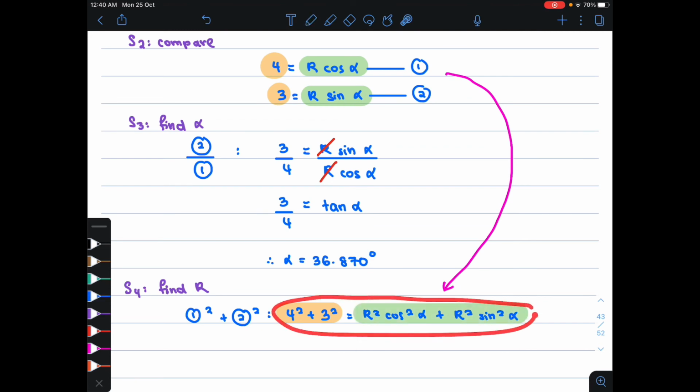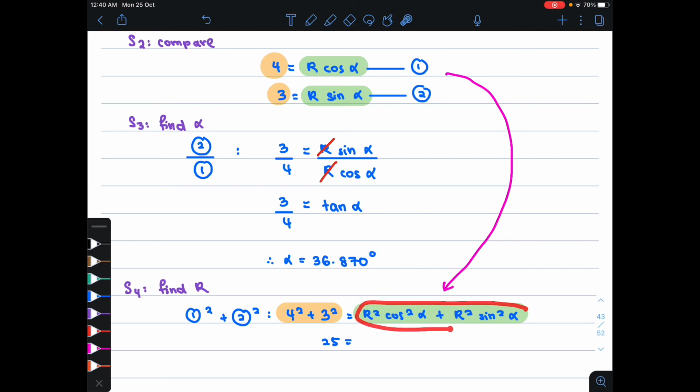Now we need to simplify this equation. 4 squared plus 3 squared is 25. For the right hand side, we can factor out r squared, so you'll get r squared times (cos squared alpha plus sine squared alpha). Let's recall, this is an identity where this is actually equal to 1, so you can just ignore this. Hence, 25 is equal to r squared.